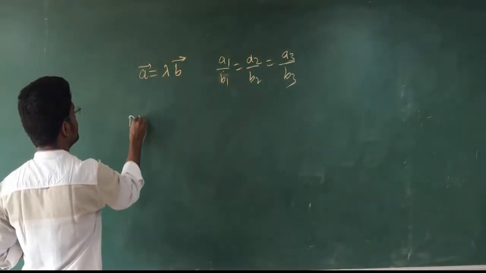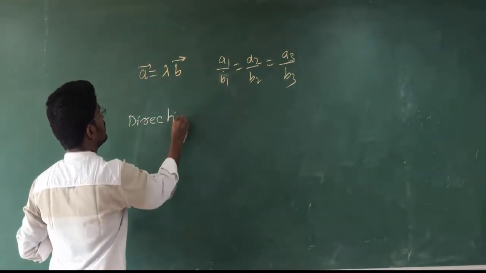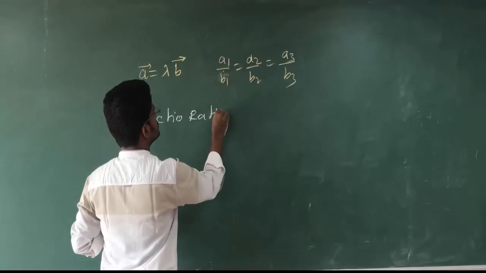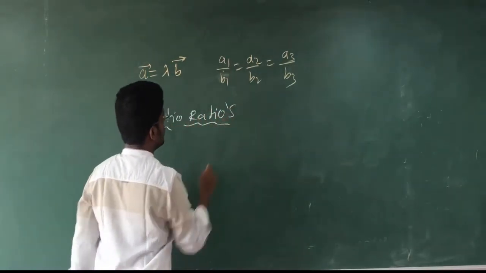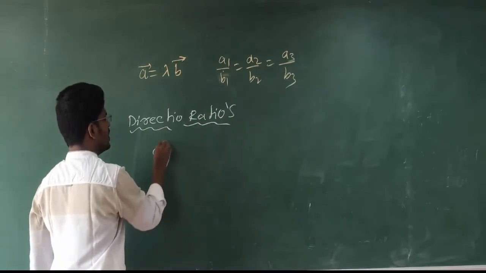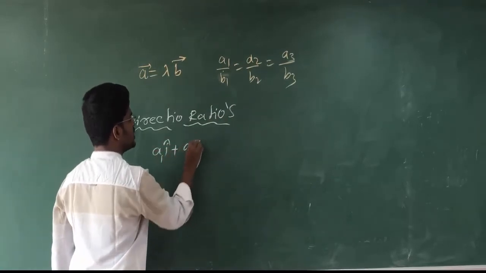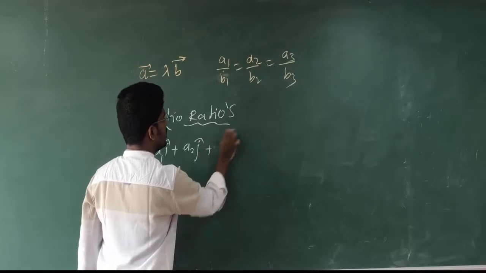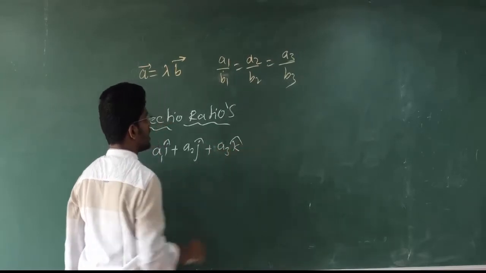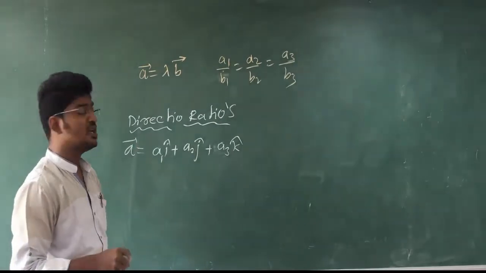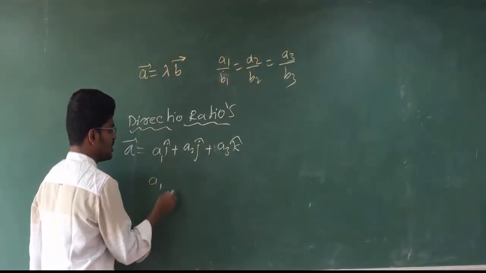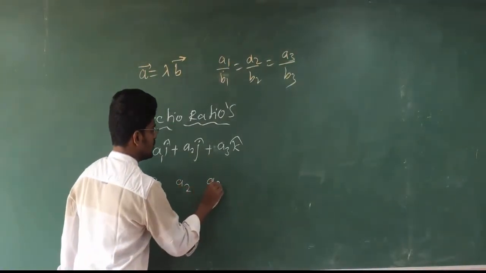Now let us move to the direction ratios. If you have a vector a1 i cap plus a2 j cap plus a3 k cap, let it be vector A. Here the direction ratios are a1, a2, a3.